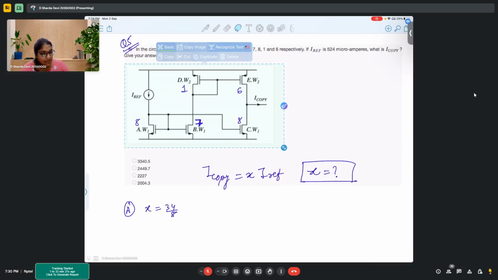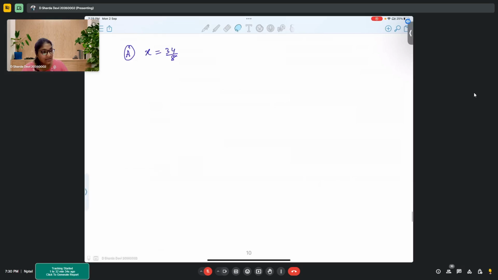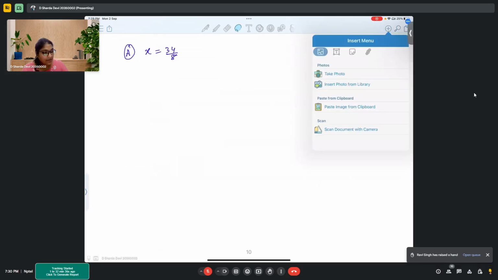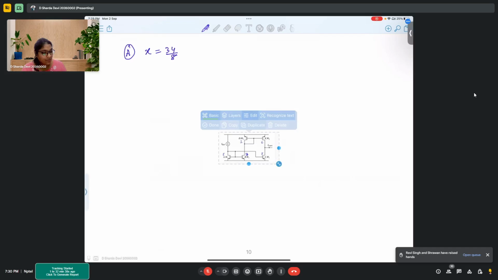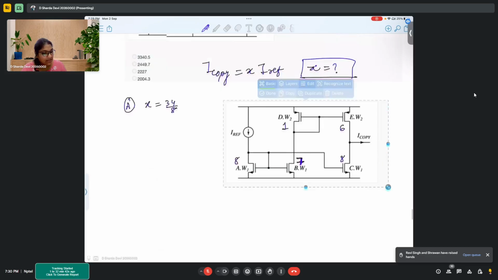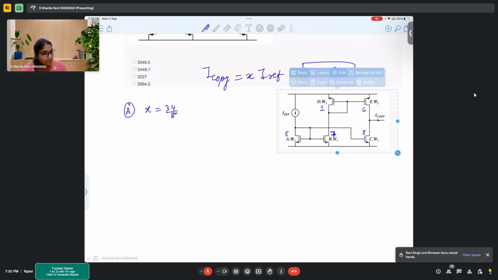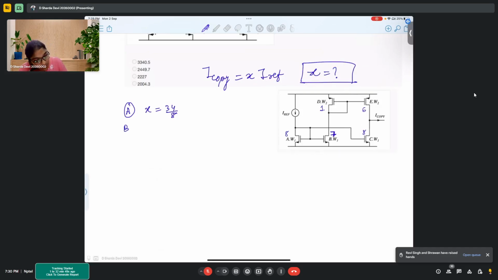So how many of you have solved this problem? Can you please raise your hand? And what are the solutions that you people got? I got one option is 34 by 8. What about others? 25 by 21. Okay, option B is 25 by 21. What about others?